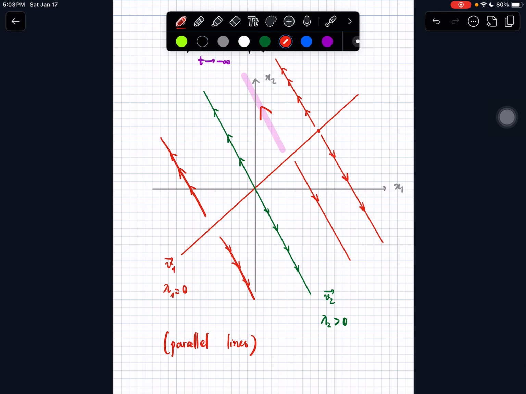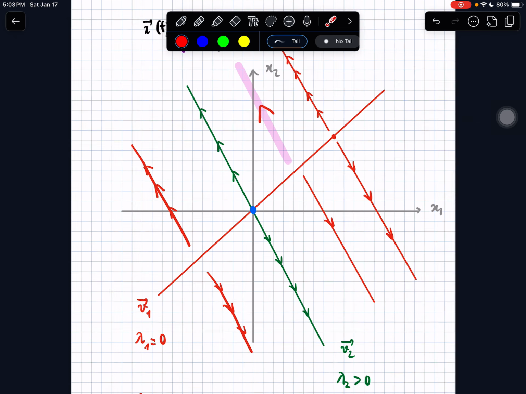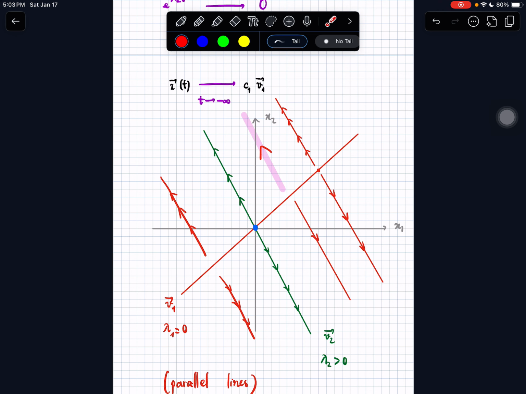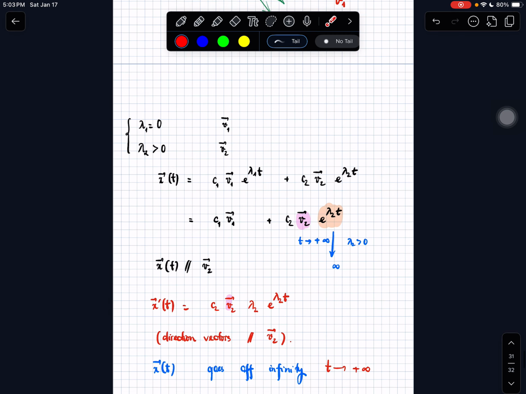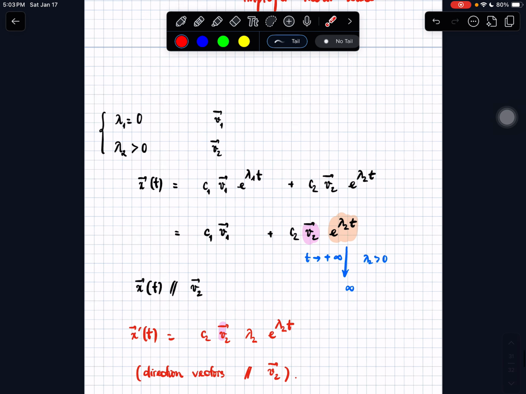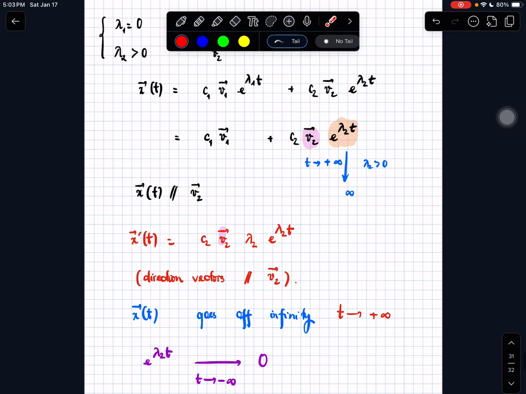Origin here. This one corresponds to one solution. This one corresponds to the other solution, like parallel to the green one. Now that is the first case. You do the same thing for lambda 2 negative. Instead of going outward, it's going into this line. So that's the only different thing.